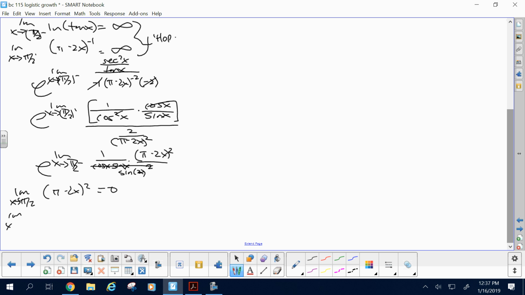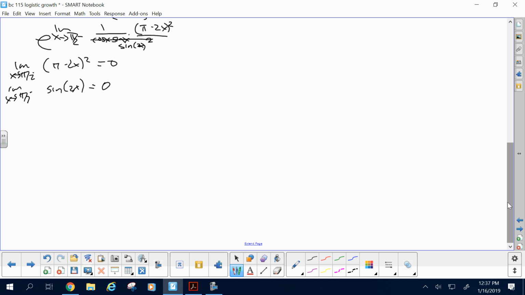The limit as x goes to pi over 2 from below of sine of 2x is 0. So by L'Hopital, one more time, I promise this will be the last time, will be 2 times pi minus 2x to the first times negative 2 over 2 cosine of 2x.